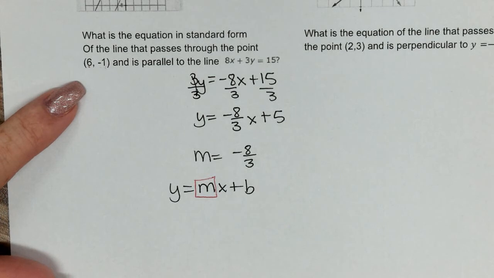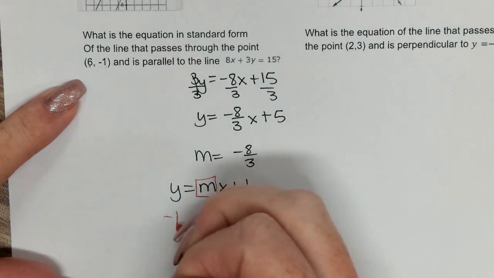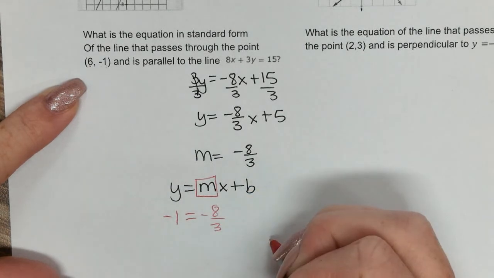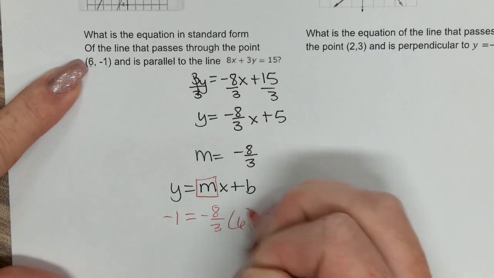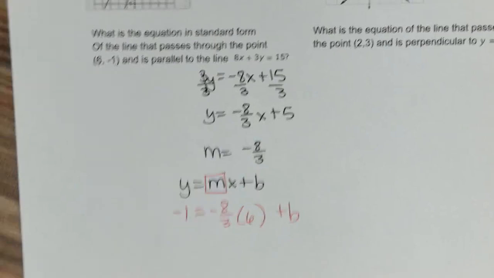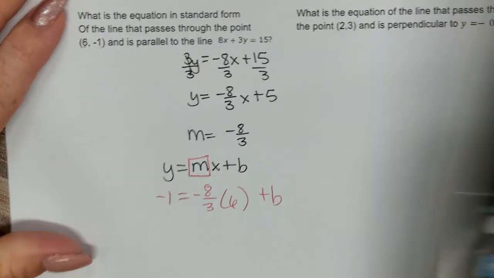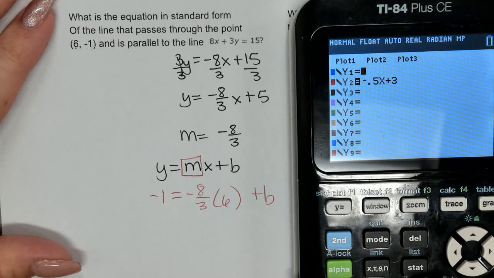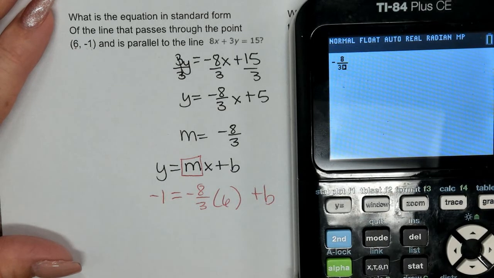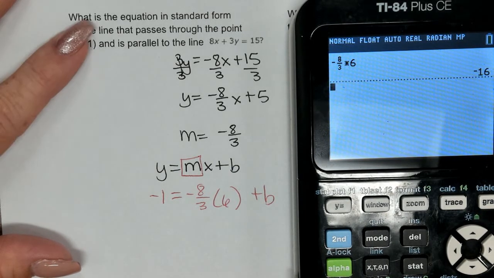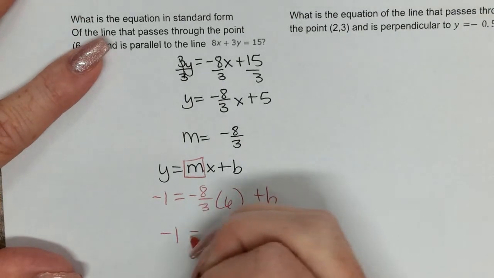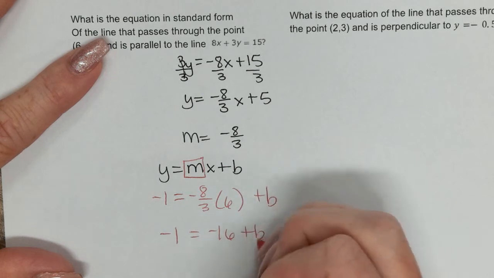I like to solve for b. So I'm going to say y is negative 1. M is negative 8/3. X is 6. And I'm going to solve for b. So what is negative 8/3 times 6? It's negative 16. So negative 1 equals negative 16 plus b.